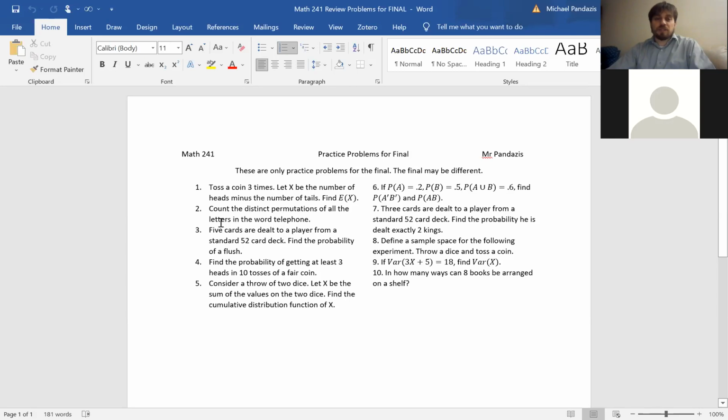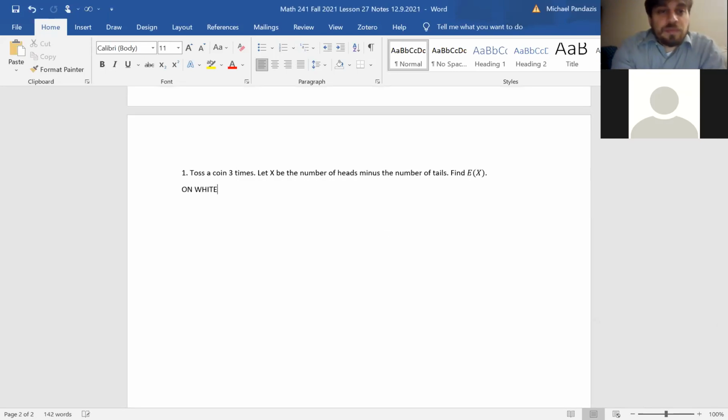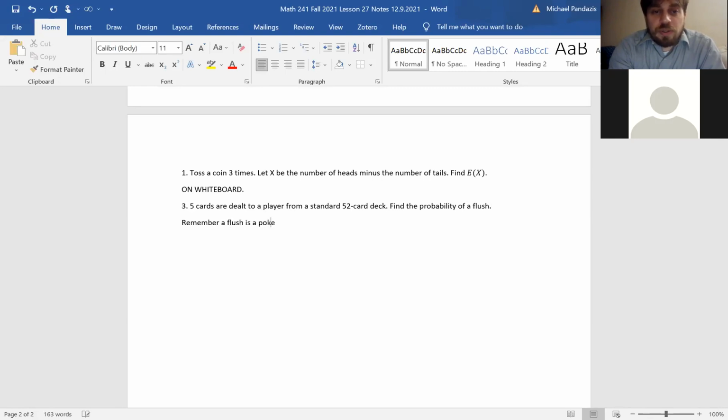Find the probability of a flush. And remember, a flush is a poker hand where all 5 cards are of the same suit.